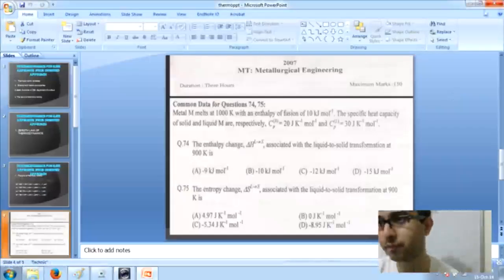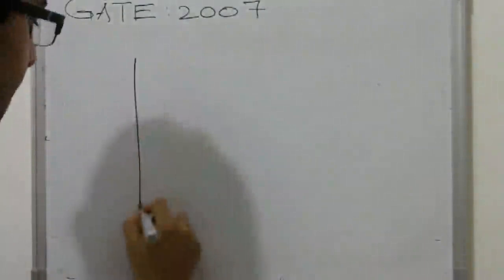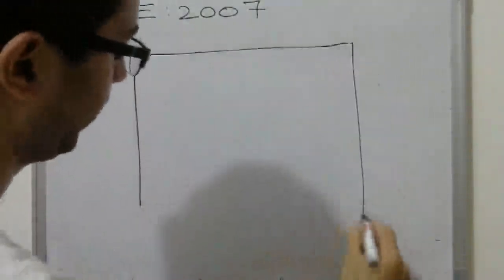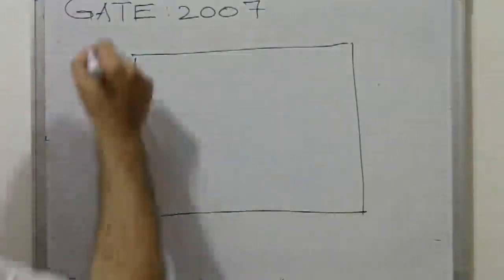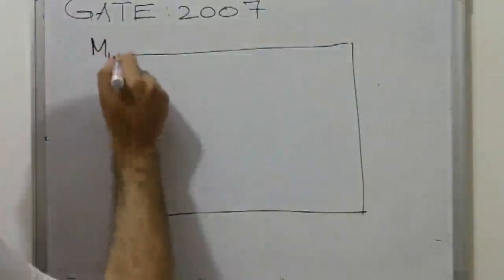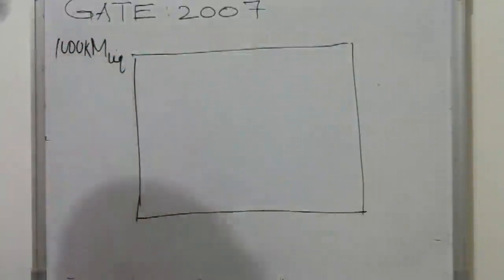Okay, so this is the question. So let's go back to the board work and see how you will solve this problem. Here is your metal M at liquid state at 1000 K, right?